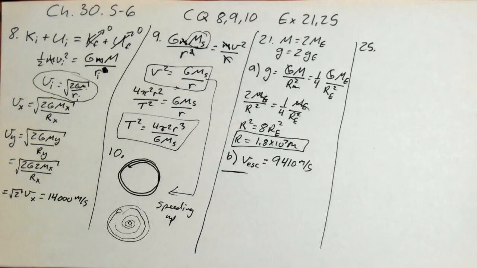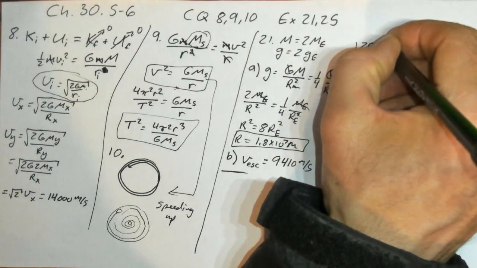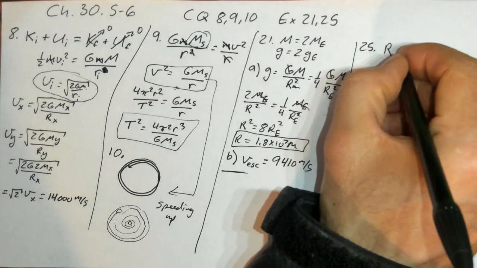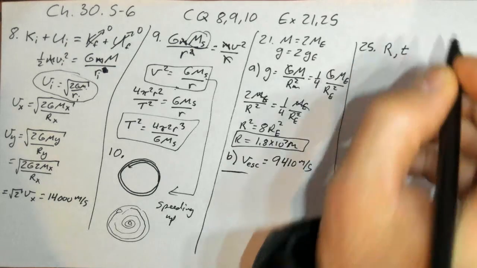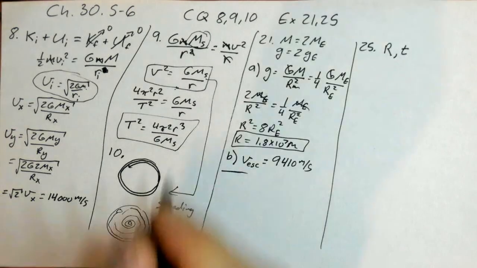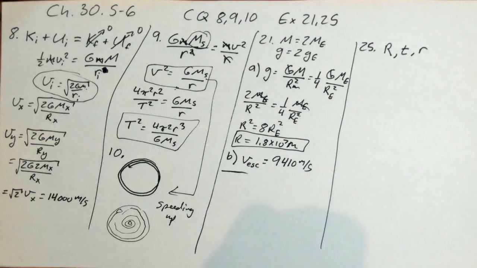Okay, so you are visiting a planet, and you've been able to measure its radius. So what things do we know? We know the radius of the planet. We know the period of rotation of the planet. I'm going to use a little t to emphasize that. We know the orbital radius, that's the orbital radius around its star.